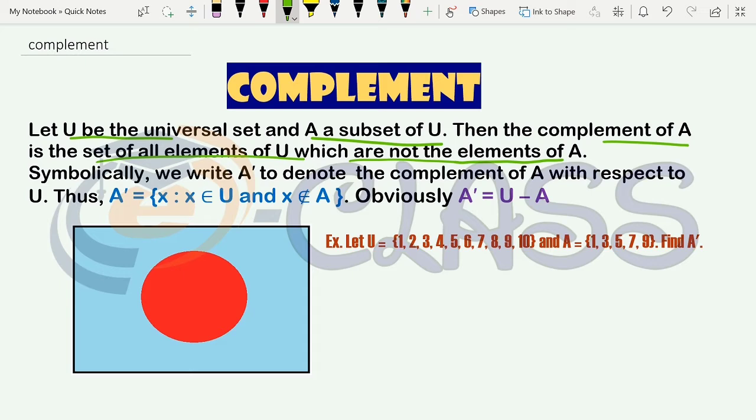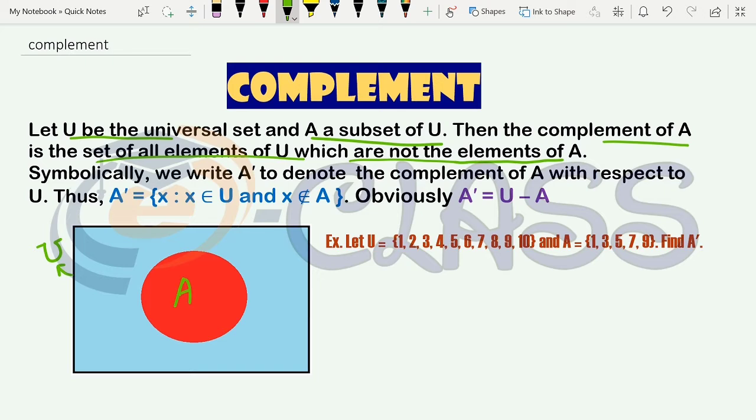So if this rectangle represents the universal set U, now let us take a set A, the red circle.